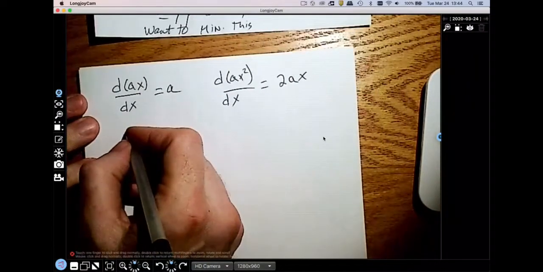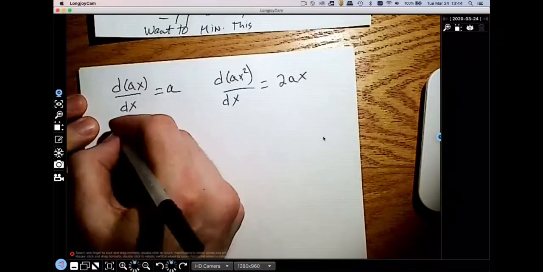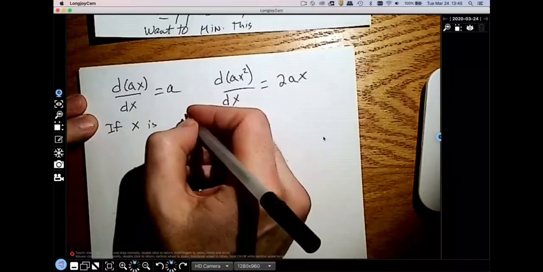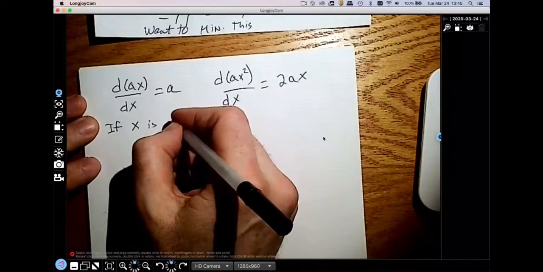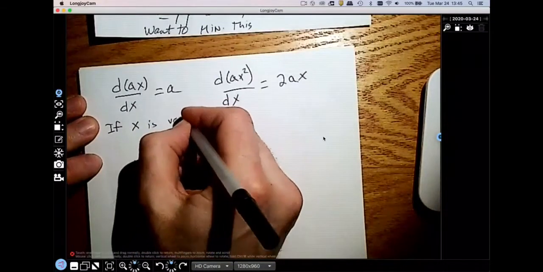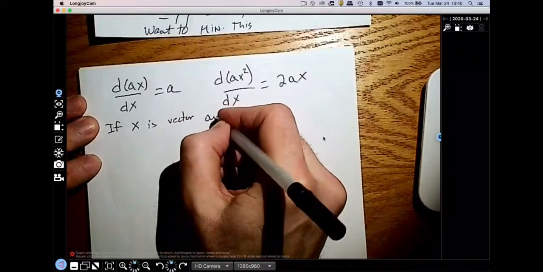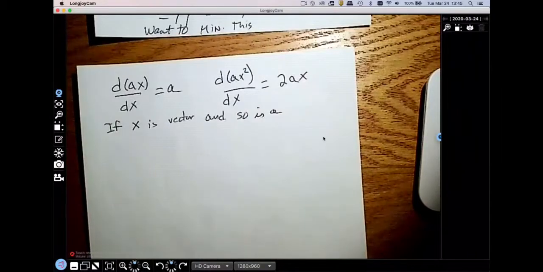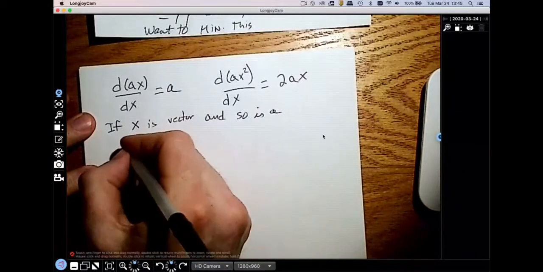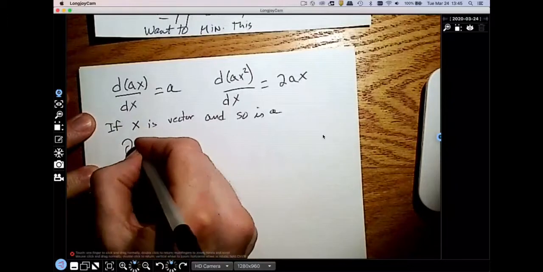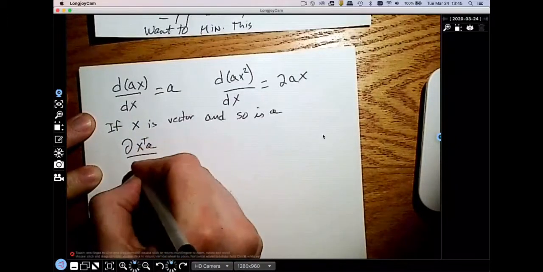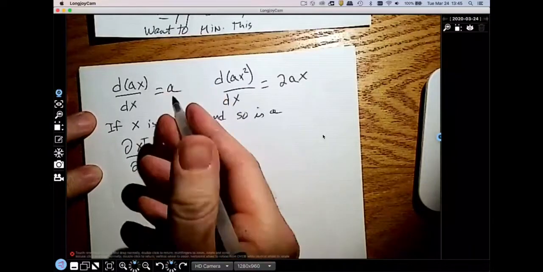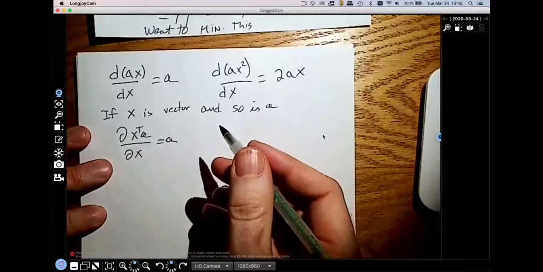Now, if you look at the Wikipedia page, if x is now a vector, and so is a, with the same dimension, then the result is this: the partial derivative of x transpose a with respect to x is just a. So it's almost exactly like what we had before.